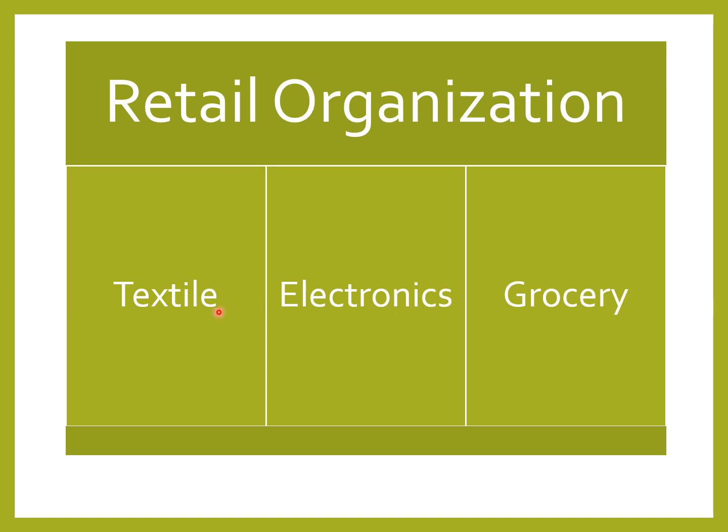So students, what we do, we maintain separate accounts of textile department, separate accounts of electronics department, separate accounts of grocery department. So we determine the profit or loss of each department. So we find the profit of textile department, profit of electronics department, profit of grocery department.